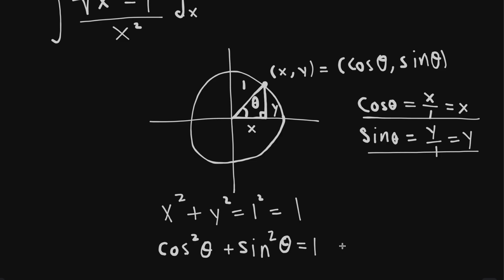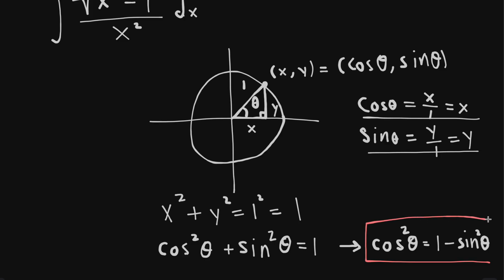And we can take this identity and rearrange it to get cosine squared of theta is equal to 1 minus sine squared of theta. And this right here is one of the identities we're going to use to solve integrals like the one I showed you above.